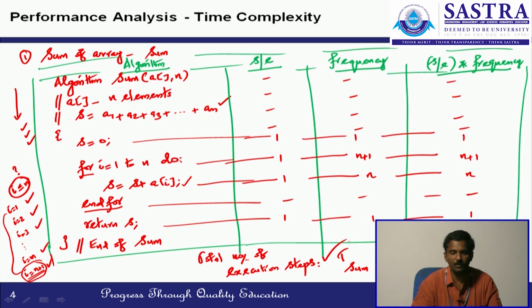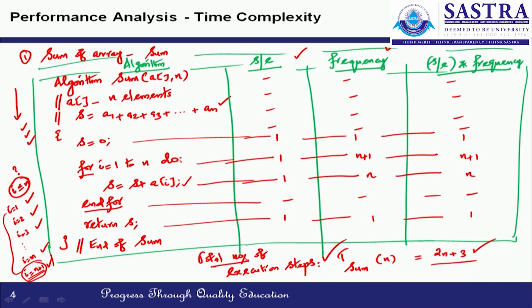So, comparing the step count and step table methods: in step count, we need to predict what will be the final value of count. Here, since we know the frequency of execution of each statement, it is better to construct the columns step per execution and frequency, so that we can easily find the total number of execution steps of the algorithm.